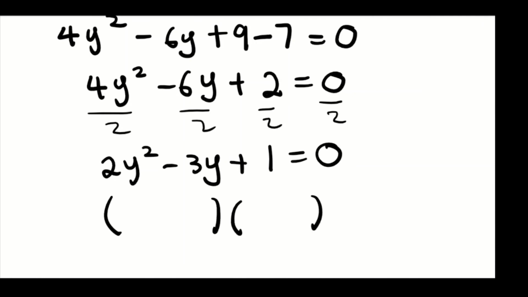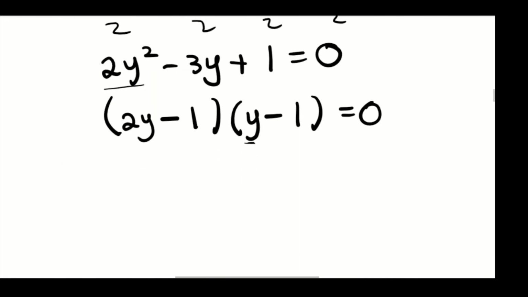The factors of 2y² are going to be 2y and y, right? So let me write it properly. So it's going to be y, and then the factors of 1 are just 1 and 1. The signs are going to be negative and negative, so that when we add 2y with this y here, it gives us the middle term, which is −3y.